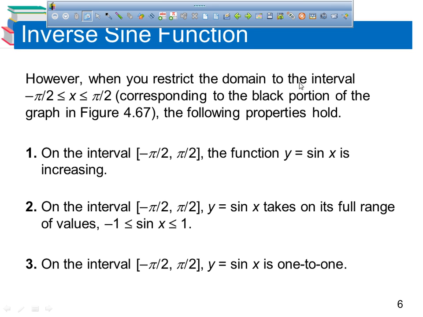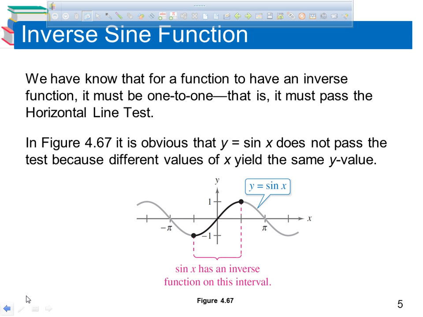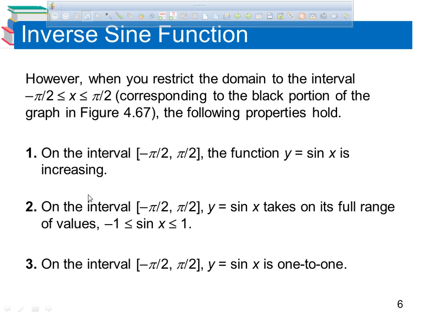When you restrict the domain to the interval negative pi over 2 to pi over 2, which is what I just showed you, corresponding to the black portion of the graph, that's negative pi over 2 to pi over 2. If we restrict the domain of the function, then the following properties hold. On the interval negative pi over 2 to pi over 2, the function y equals sine of x is increasing.